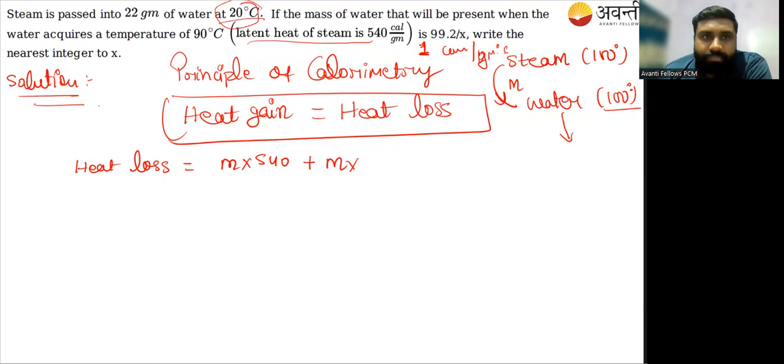So m into 1 into temperature difference, 100 minus 90.